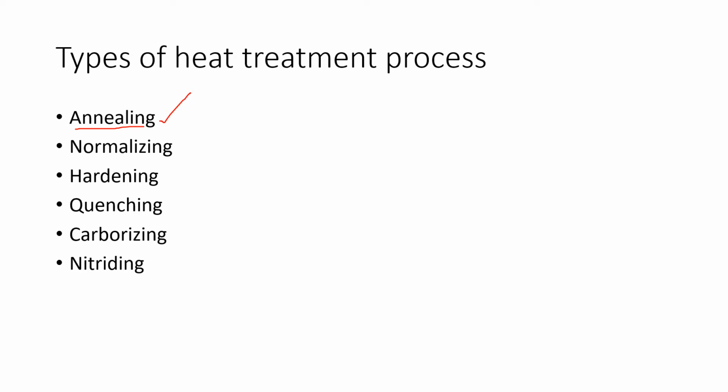We will discuss all of these types one by one. Second one is normalizing, and then hardening, quenching, carbonizing, nitriding, and some other types of heat treatment processes. We will discuss these in this lecture.